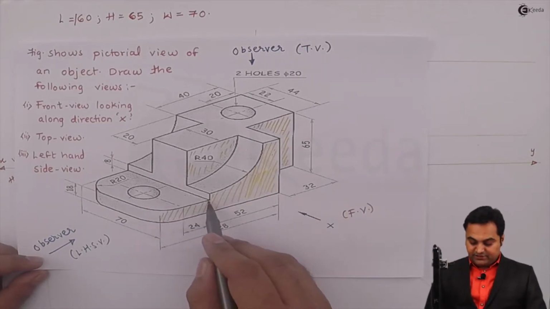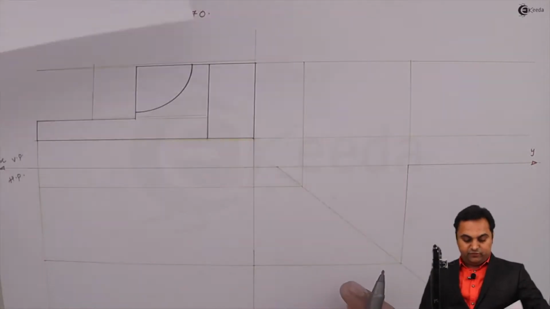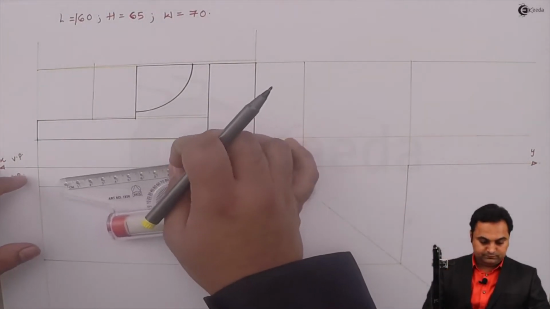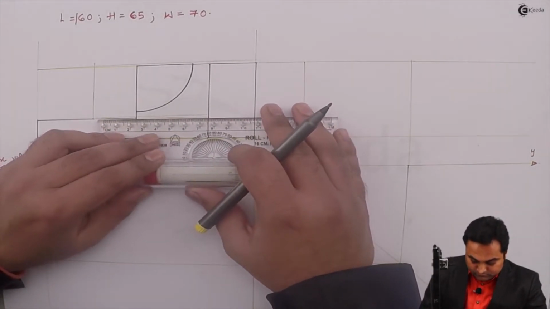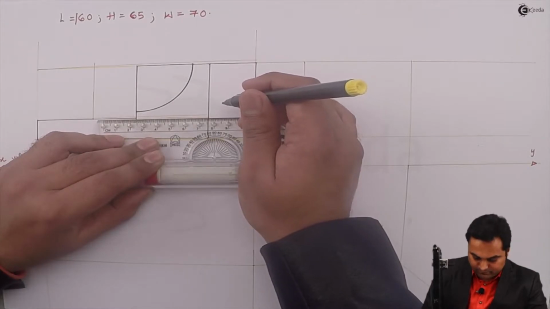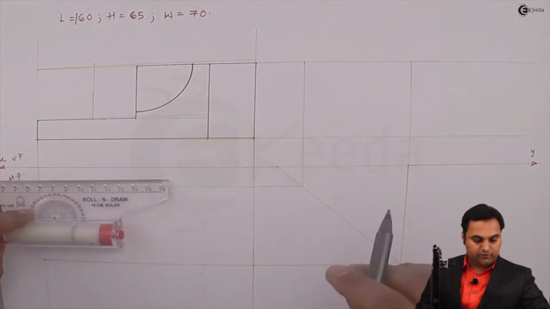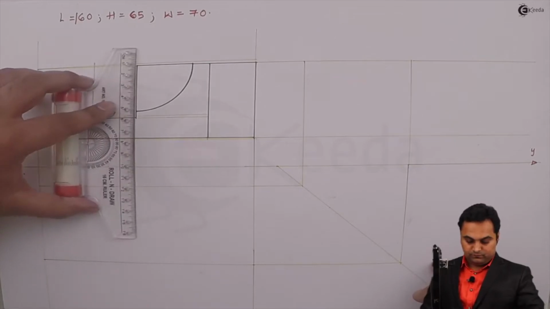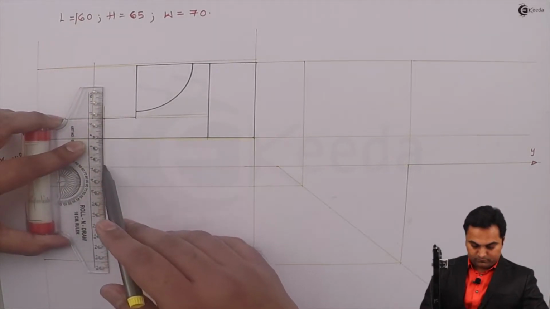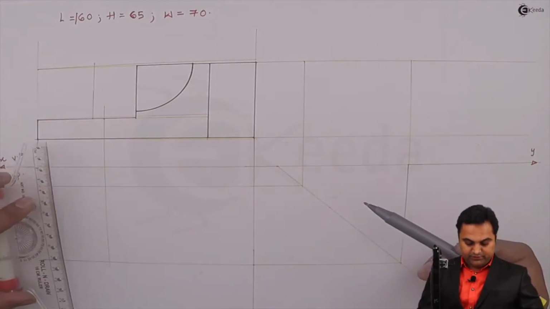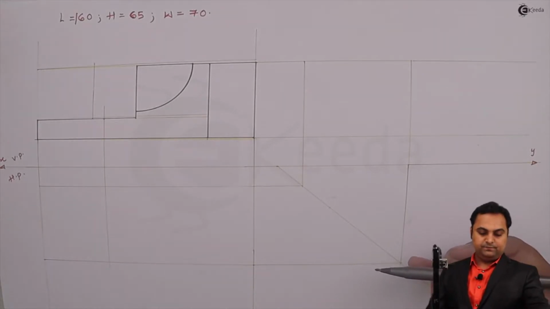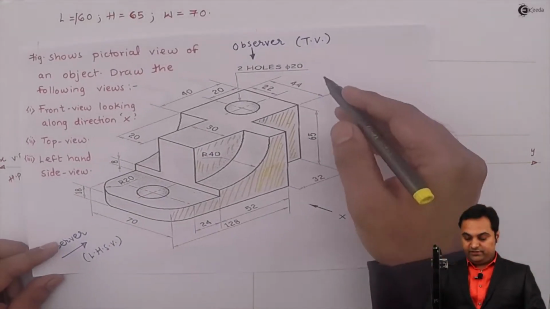So to mark its center, it is from this end, it is at 24 mm. So I'll mark its center, 24 mm. Drawing a light line through it. Then the circle which is there inside. For that, the dimension is given here.